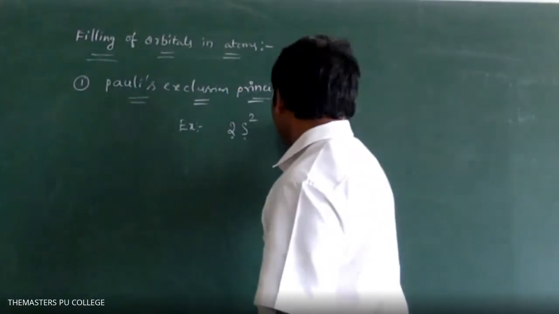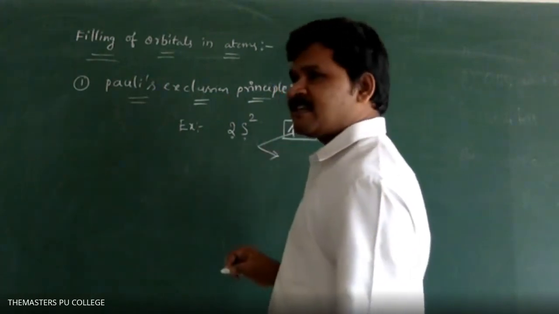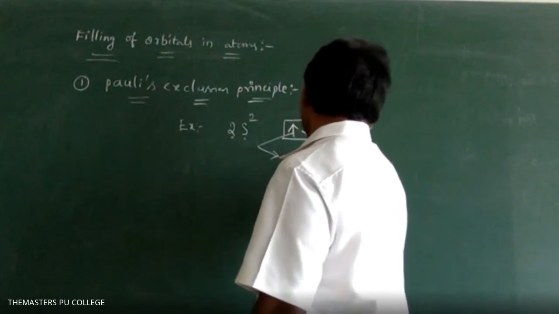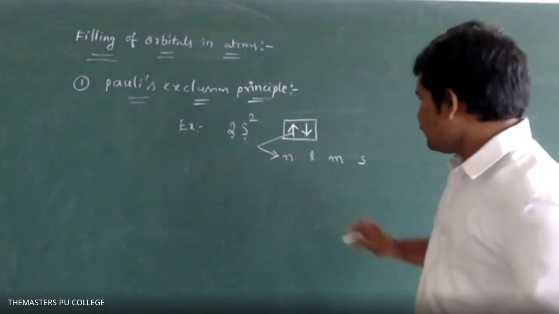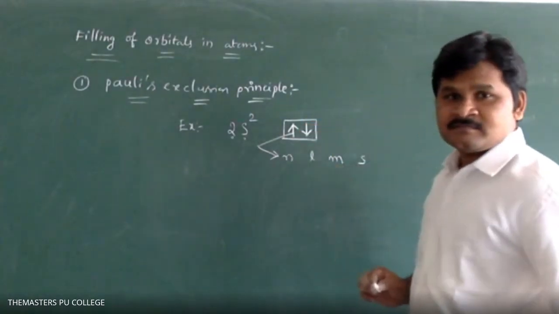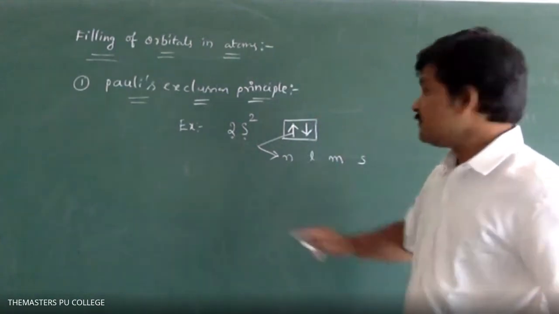For this electron, the first electron, the n value, l value, m value, and s value we can write like this. This electron is present in which shell? Second shell.